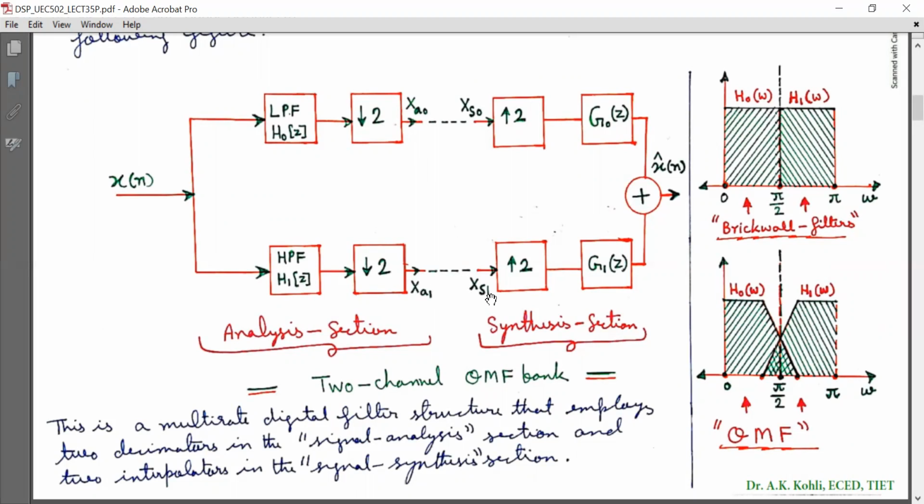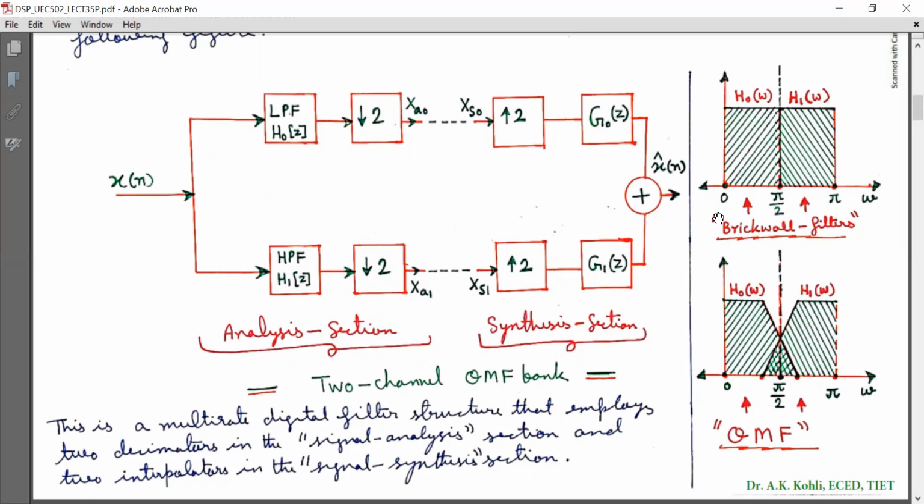Here XS1 is upsampled by a factor of 2, the output of the upsampler is given to a filter with system function G1(z), and the output of this filter is also fed to the summer, and the net output is x cap [n]. Now x cap [n] is a modified version of x[n]. It is not exactly matching x[n], and this section is called the synthesis section.